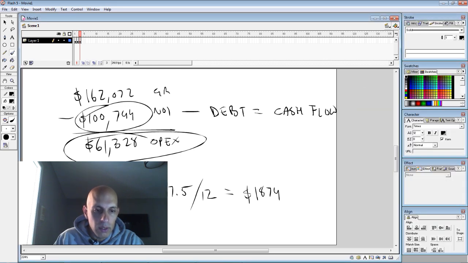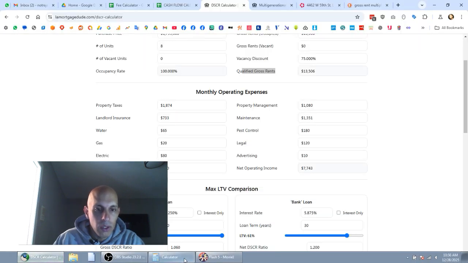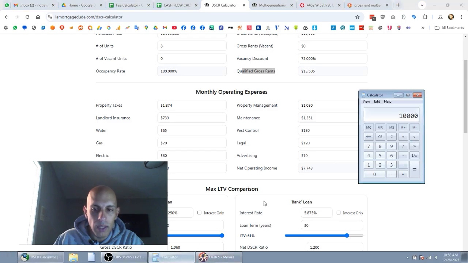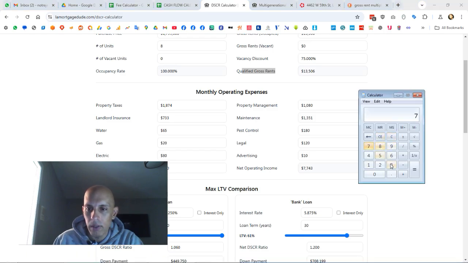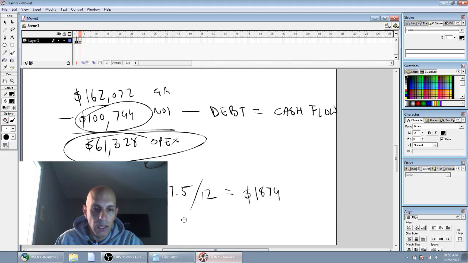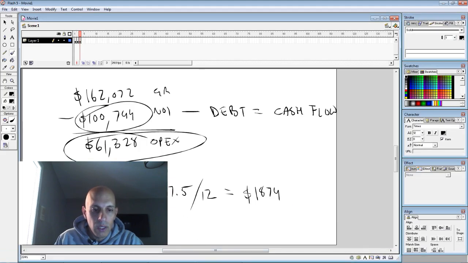Insurance is equal to 733, so that's 8,800. 733 times 8. What happened here? Oh, yeah, 733 times 12, not 8. That's 8796, so roughly 8,800. 8,800 a year divided by 12 is equal to 733 a month.